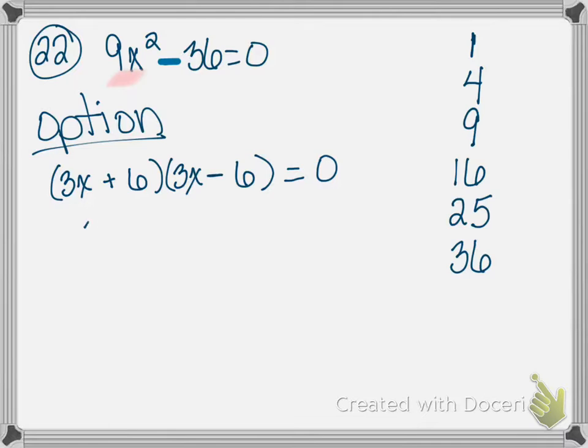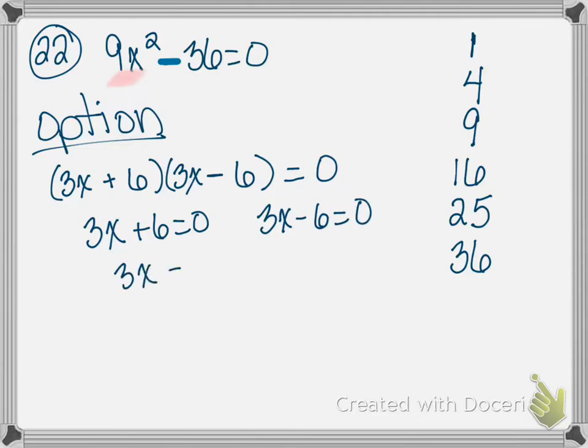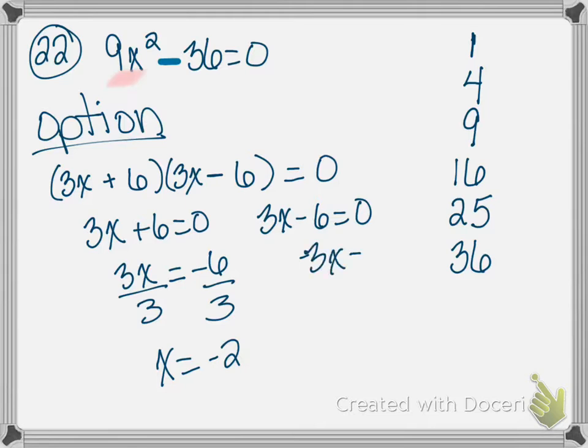So at this point, you could put each one of them equal to 0 and solve. We have 3x equals negative 6; when I divide by 3, I get x equals negative 2. Here I get 3x equals 6, divide by 3, and I get x equals 2. So my answers are negative 2 and 2.